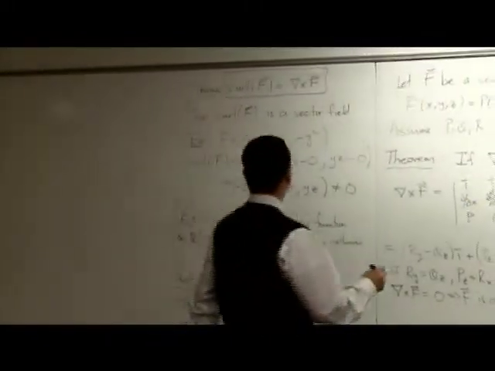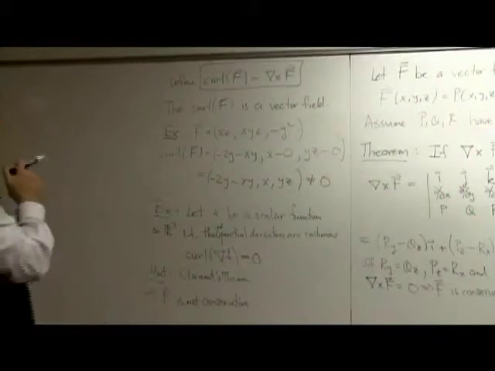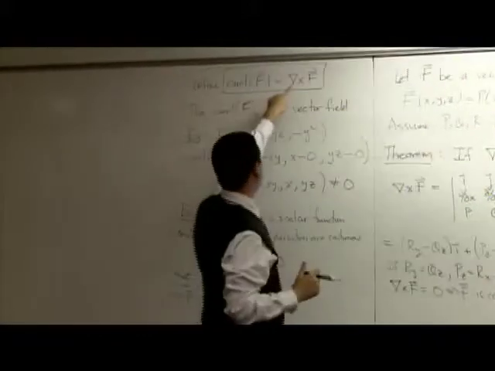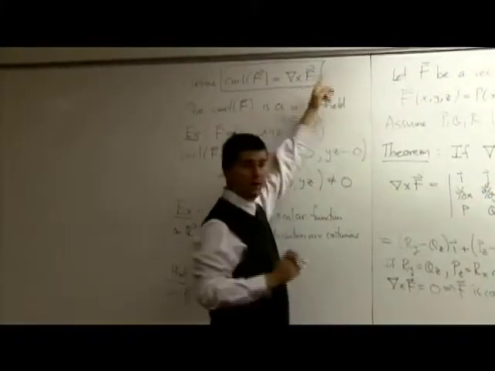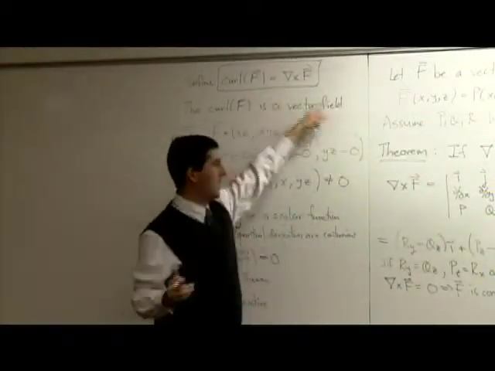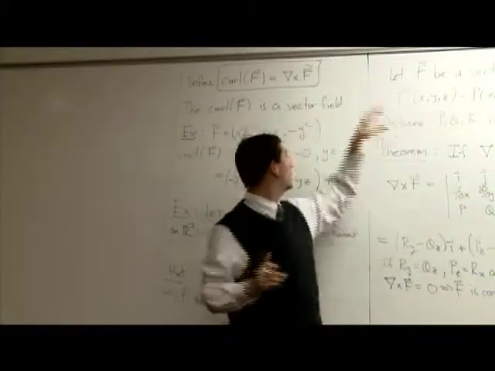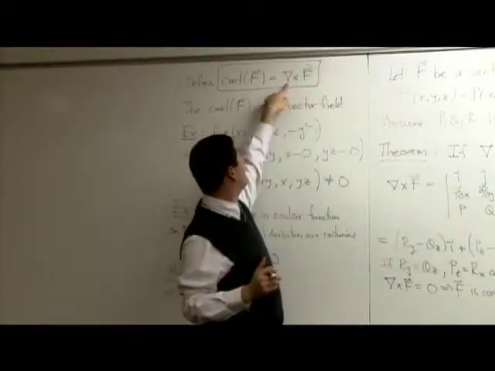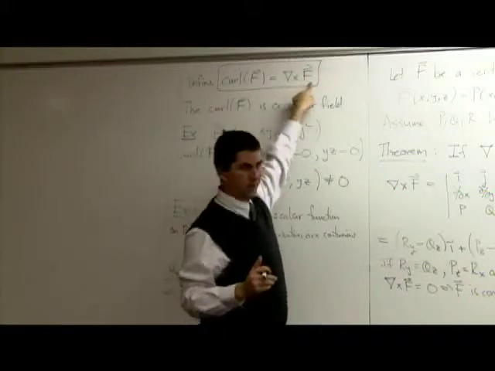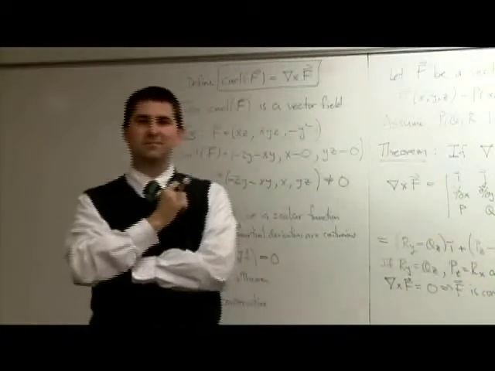So let's look at this curl a little bit. Now I've written down this operator and this vector field, but they both kind of look like vectors, which is why I could do this. If the gradient cross the vector field is important, what else do you think might also be important?